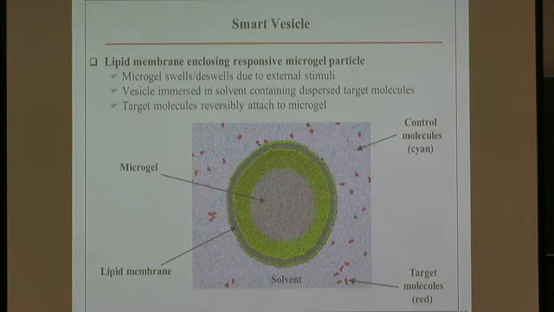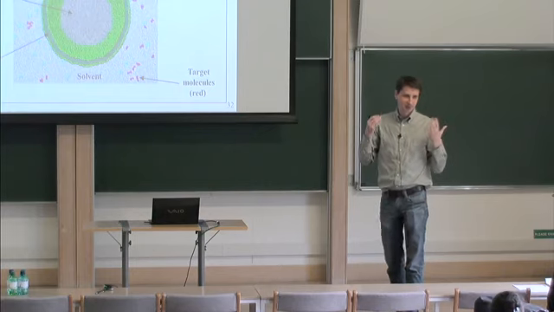Then part of the gel is exposed to the solvent outside. We say, let this gel be functionalized such that it binds to our target molecule, these red guys, so they can adsorb on the surface. Then we deswell back, we change the stimulus outside that causes the swelling, this gel shrinks, and the pore closes, right? So this is the whole idea.